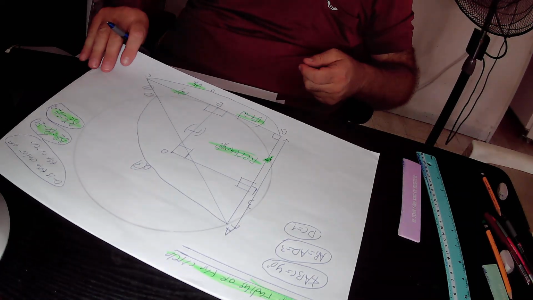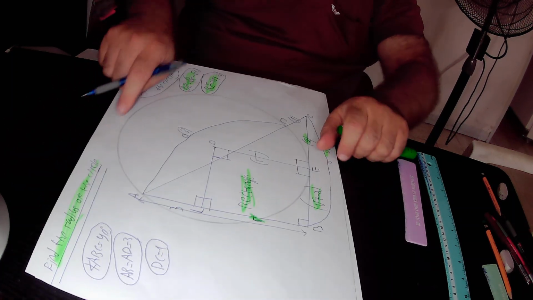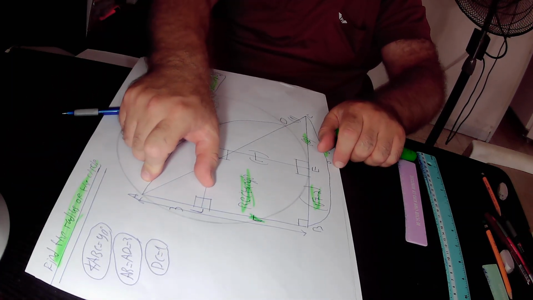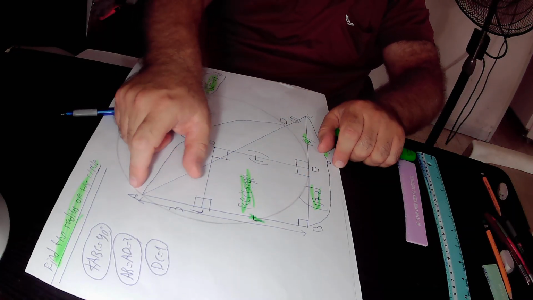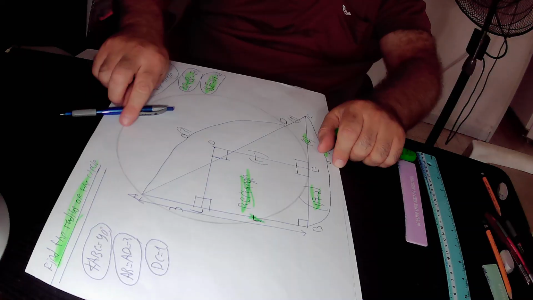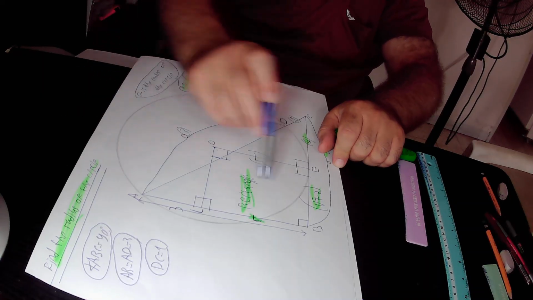What is the length of this missing line segment AL? From the drawing, it is very easy to see that AL equals AB minus LB.